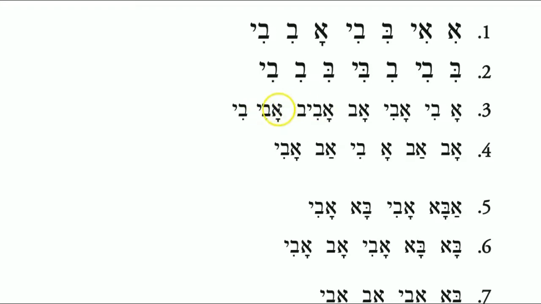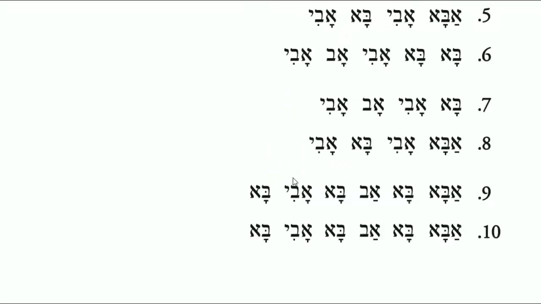Okay, further: Av, Avi. Line 5: Abba, Avi, Ba, Avi. If we were to treat that as a sentence, it would be: Daddy, Avi, my father, Ba, comes, or come, my father.